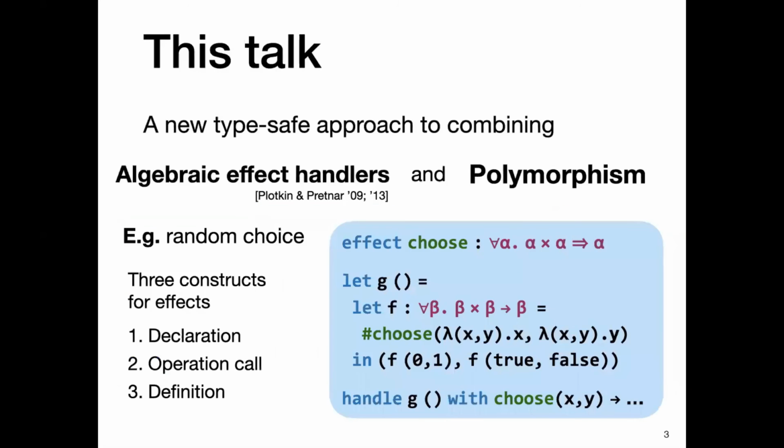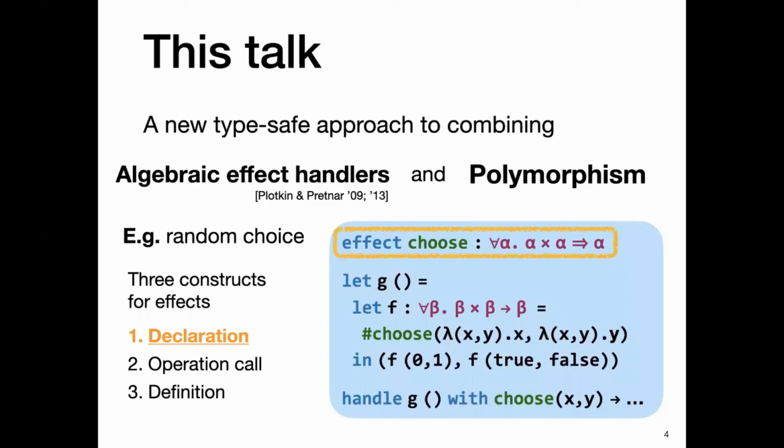Okay, so let me show one example of using algebraic effect handlers and polymorphism. Algebraic effect handlers provide three constructs to implement the effect. The first construct is effect declarations, which is used in the first line of the running example.